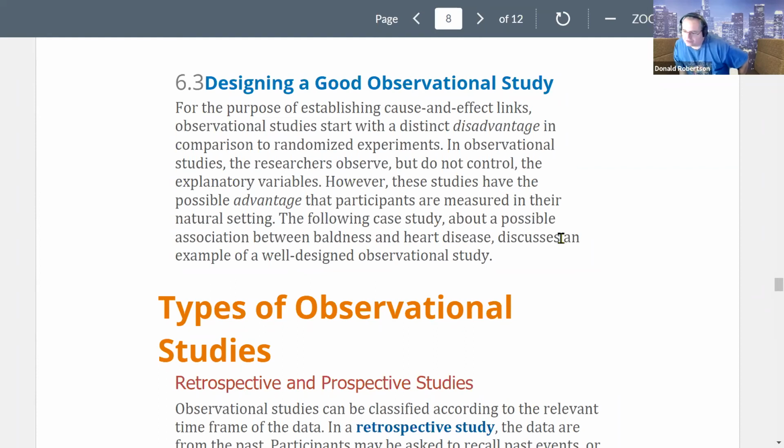And so what they did is a retrospective study. They went back and they looked at people who had died of mesothelioma cancer. And they looked at what they did, right? What was their job? Anything they could find out about it. And what they discovered was a common thread. Almost all of them had something to do with working with asbestos, either in the building industry or in the shipbuilding industry or whatever it might be.